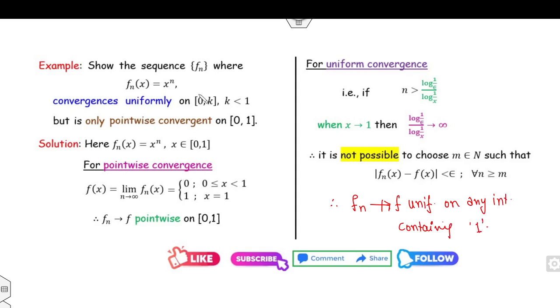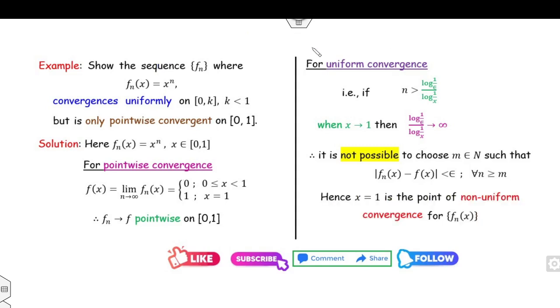That means if you are in a competition exam, and you are asked which of the following intervals will be uniformly convergent: since 1 belongs to this, it is not uniformly convergent. For [-3, 0], 1 does not belong to this interval, so in that case it is uniformly convergent.